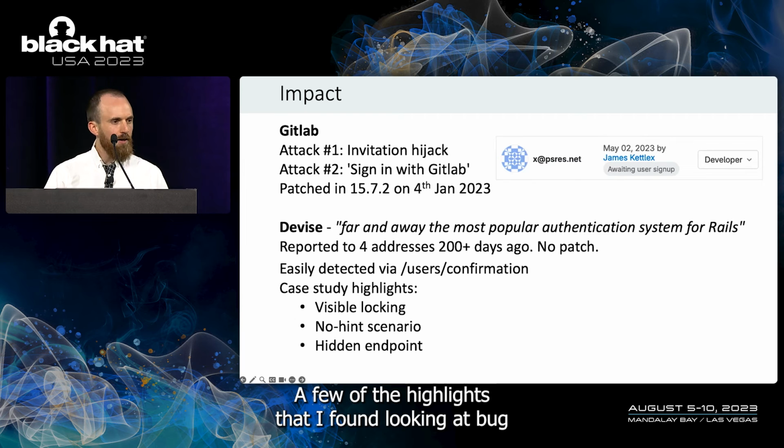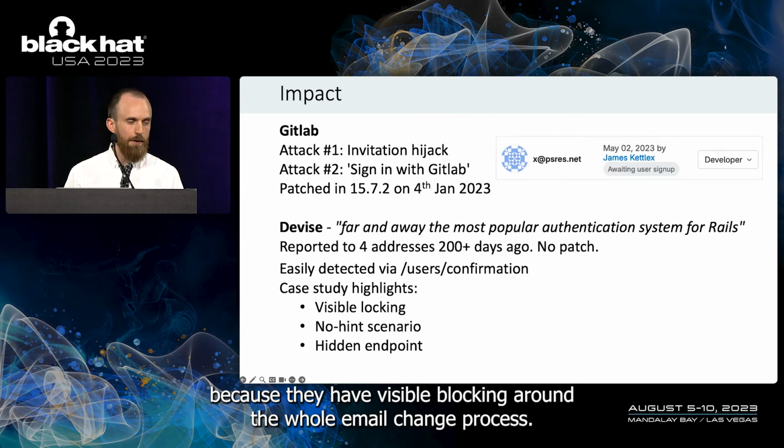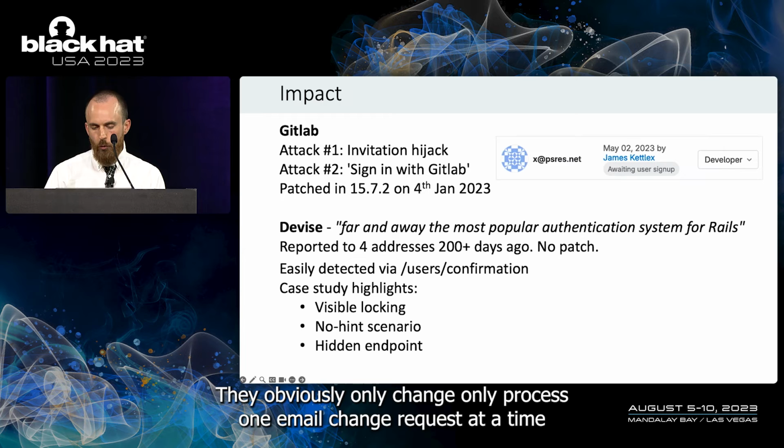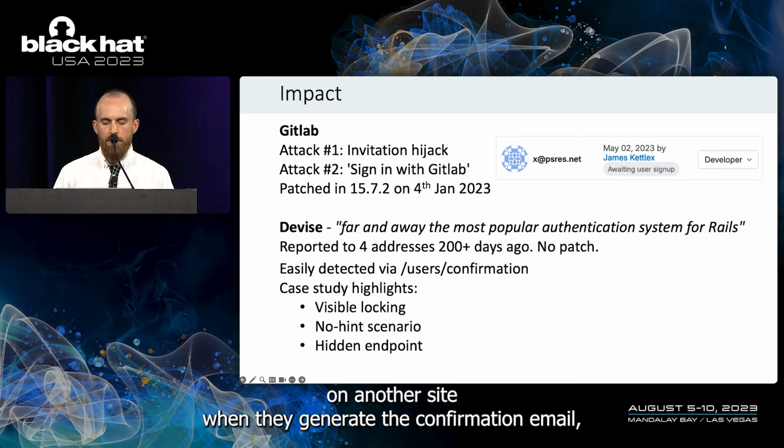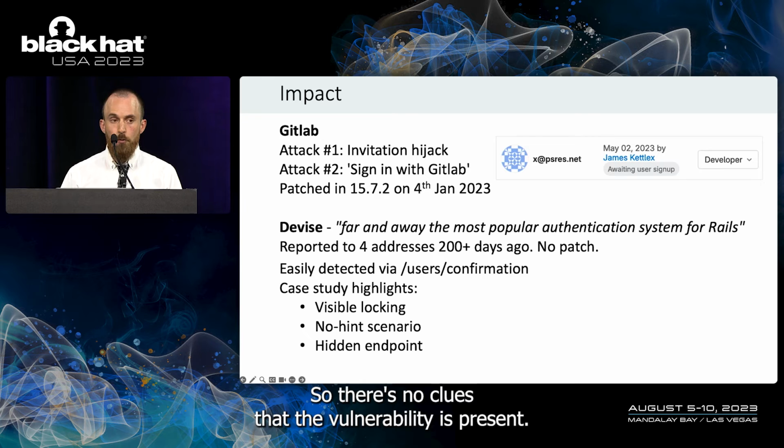A few of the highlights that I found looking at bug bounty sites that use devise were some sites are secure because they have visible locking around the whole email change process. They obviously only process one email change request at a time. On another site, when they generate the confirmation email, the email doesn't tell you which email address it's going to confirm. So there's no clues that the vulnerability is present.